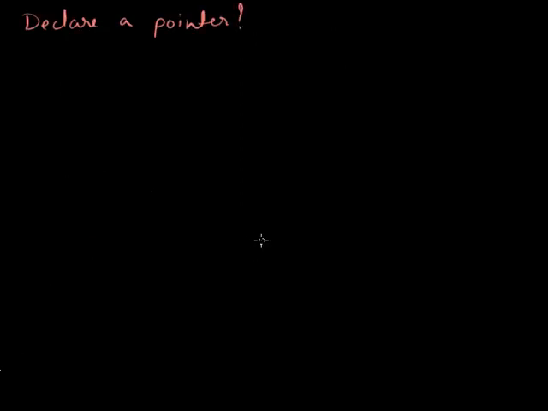Now the question is, how do you declare a pointer? Let me write all the declarations of pointers: int star x, char star y, float star z. Okay, now let's review this. Int star x means that x is a pointer.